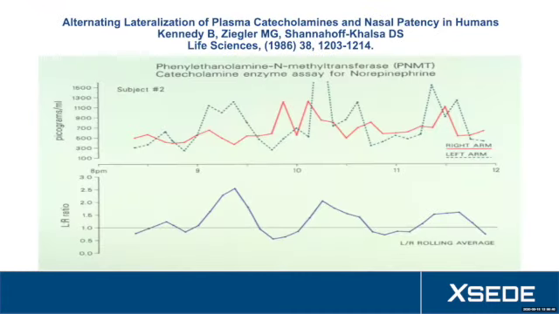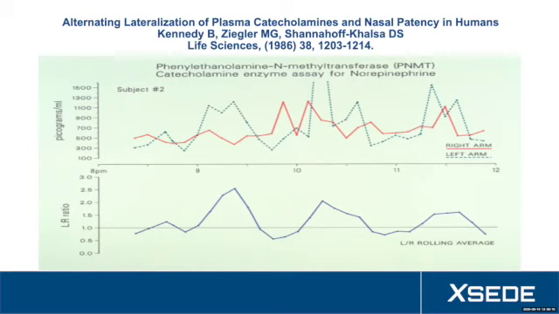This is a slide that's measuring catecholamine, norepinephrine, in the peripheral circulation. We have 2 indwelling catheters, one in the right arm, which is marked by the red line, and one in the left arm, with the green hatched line. So every 7.5 minutes, we're sampling from both arms, and we're plotting the values in the upper part of the graph.